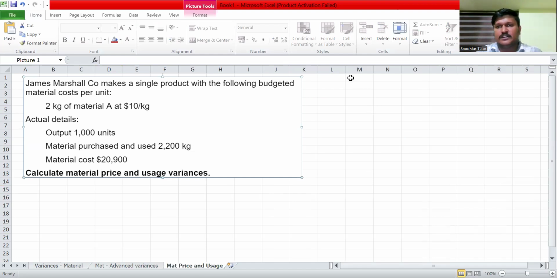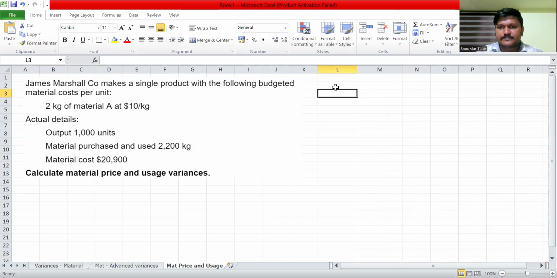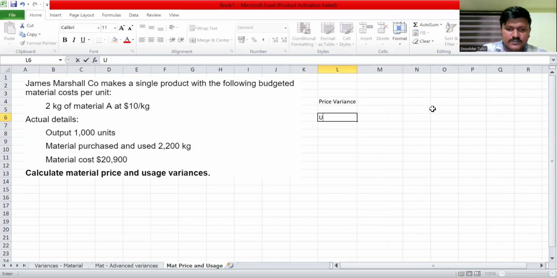Let's note down our columns so that we get our values clear. One is the price variance, the raw material price variance we need to get. The second one is your usage variance.